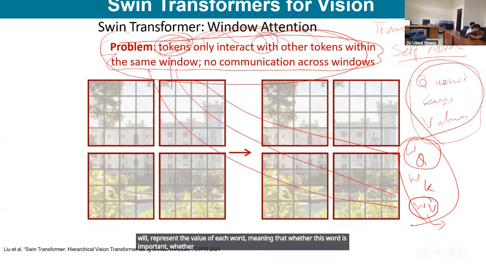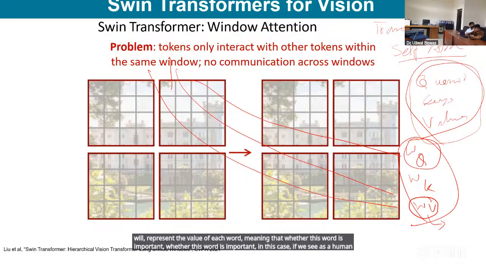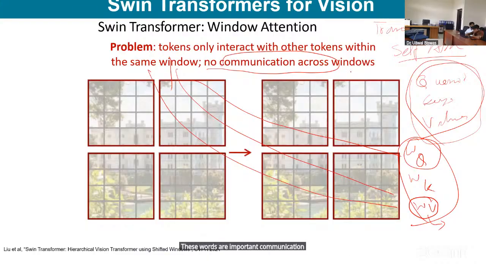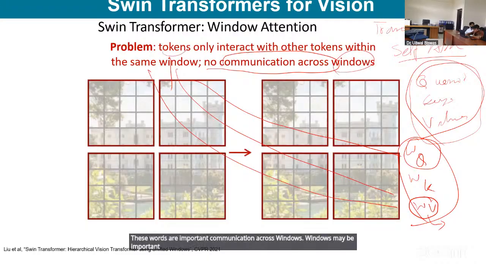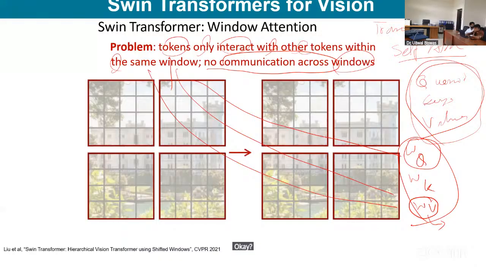As a human, which words would be important here? Maybe communication across windows, tokens, and interact. But others like the, with, only, may not be that important.